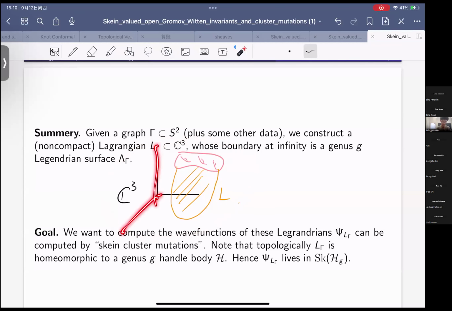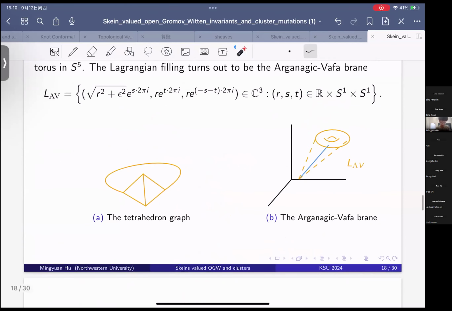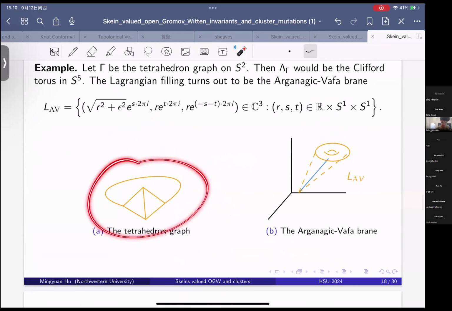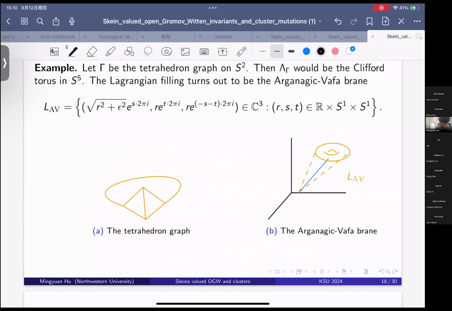This is the moment polytope of C3, and near the boundary at infinity is a genus g surface, and we have a Lagrangian filling. Because L is non-exact, it might bound some curves, so it has open Gromov-Witten invariants. Let's look at an example. This is a tetrahedron graph. It's called tetrahedron because topologically on S2 this graph is the same as the tetrahedron graph.